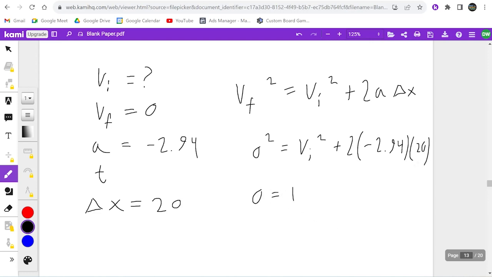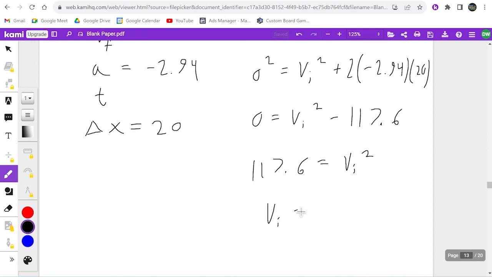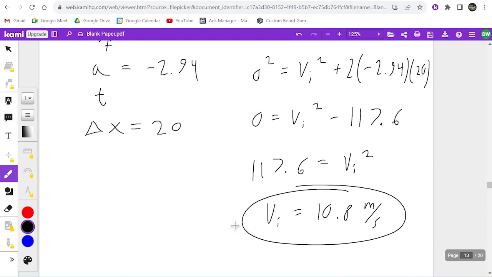That's going to simplify to 0 equals VI squared minus 117.6. I add 117.6 to both sides, and then I take the square root. So V initial is going to be 10.8 meters per second. And that's going to do it for that problem. And basically that's the end of the review.